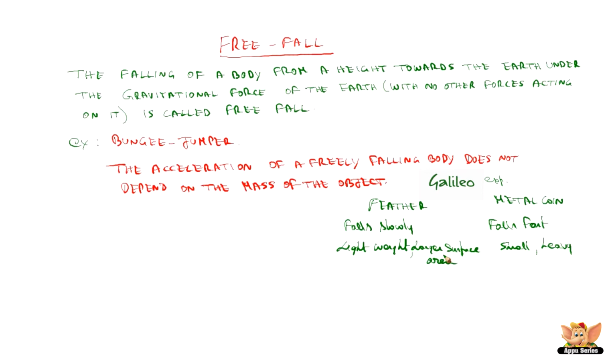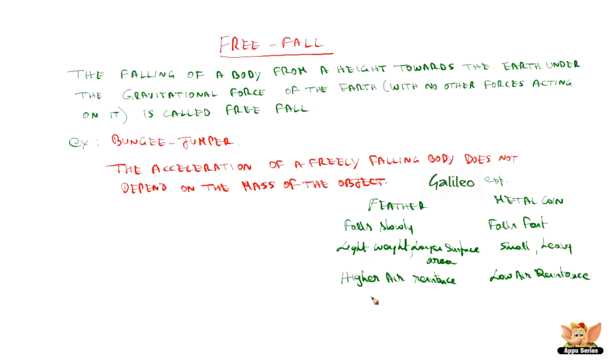So due to which what happens? The feather experiences more resistance from the air, higher air resistance, whereas in the case of the metal coin, there is low air resistance.